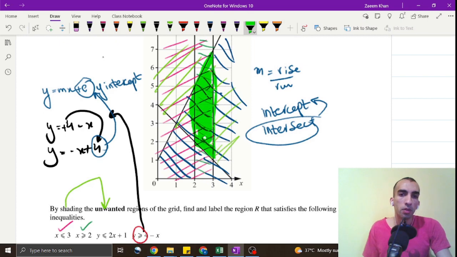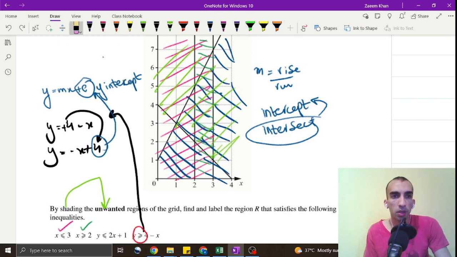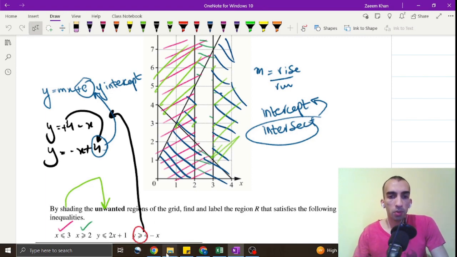So what I'm going to do is pick up an eraser and erase this part. And now we're going to confirm whether our answer is correct. Okay? So here we go.